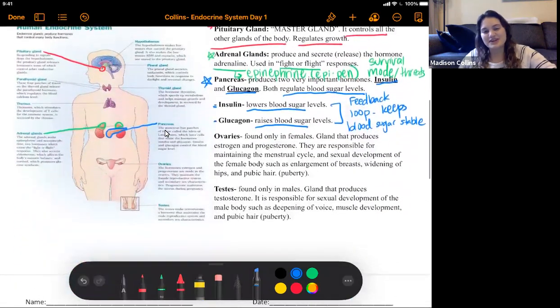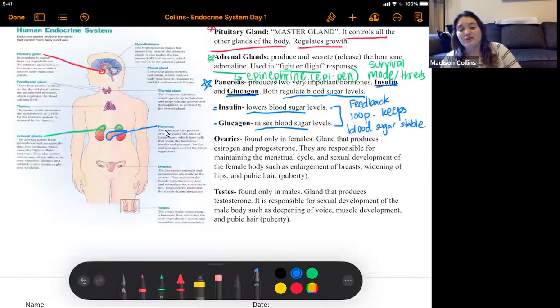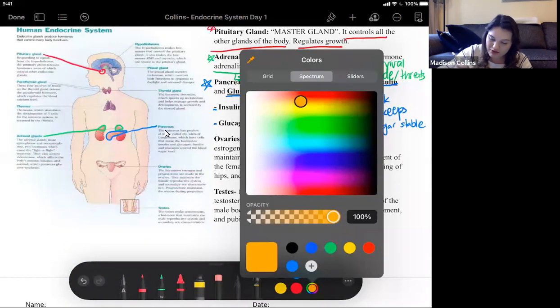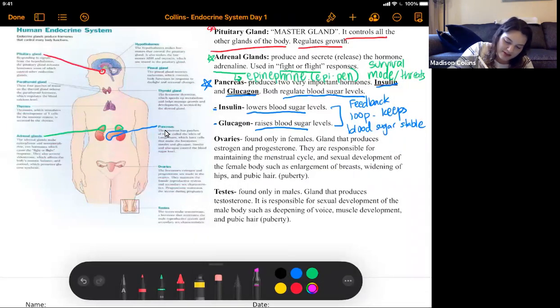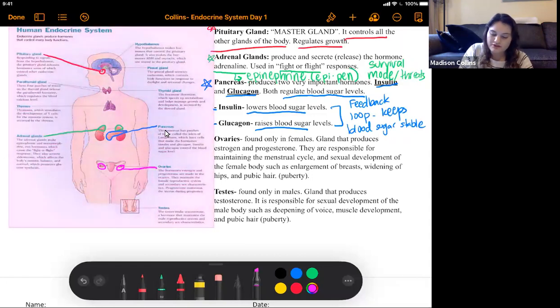The next two structures we need to go over are called the ovaries and the testes, and these are both of your sexual organs. If you have ovaries, I'm going to do that in a nice purple color. Your ovaries are present right here. And those ovaries are found in females. Those are glands that produce the hormones estrogen and progesterone.